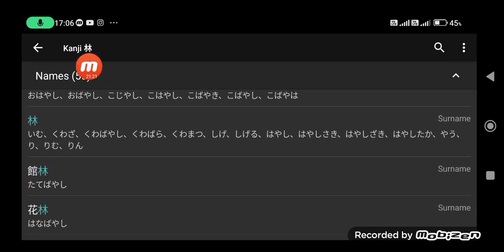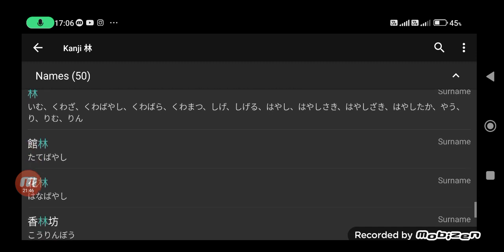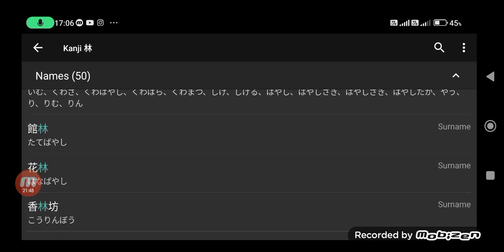Our subject kanji here is often read as Hayashi, as also known by its kunyomi. The next common reading for this kanji is Shige or Shigeru.